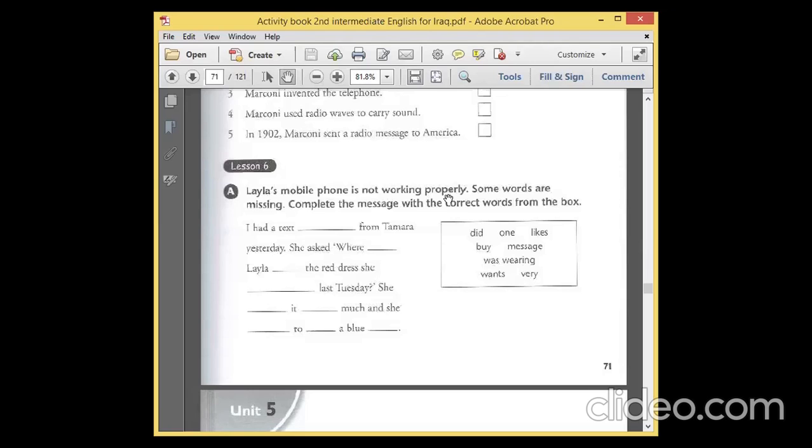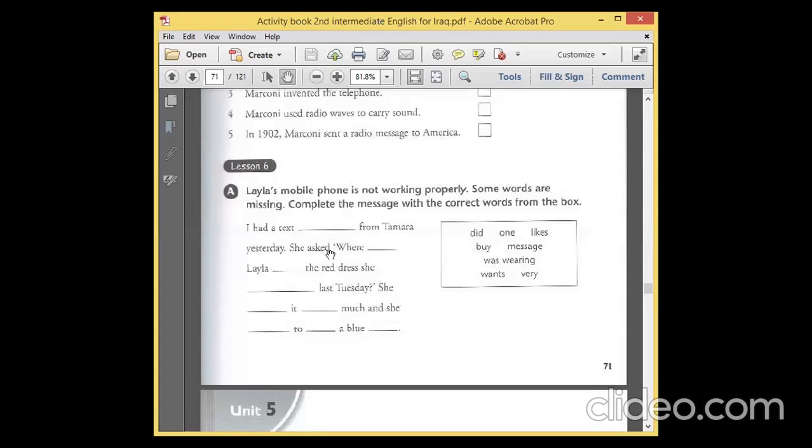So first thing, I had a text from Tamara. So what should we put in the first blank? You have to take the missing words from this box. Yes, so I had a text message from Tamara yesterday.